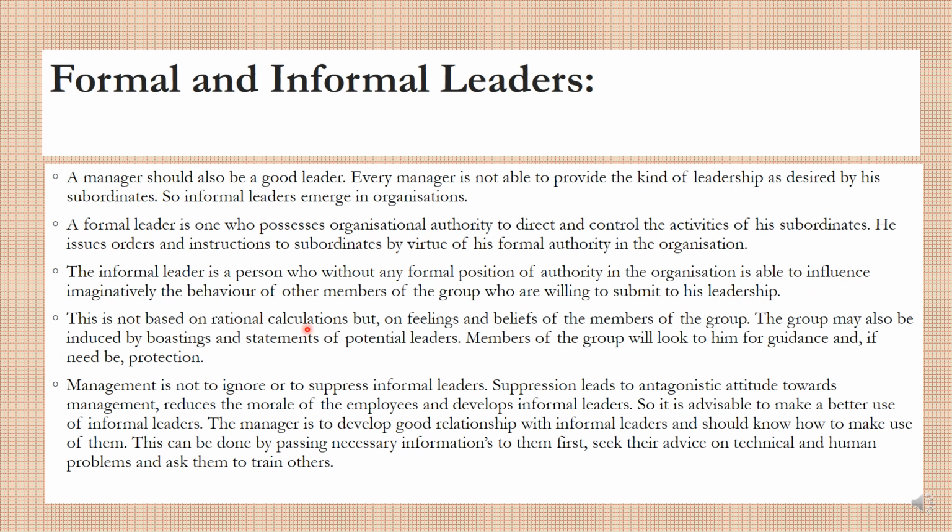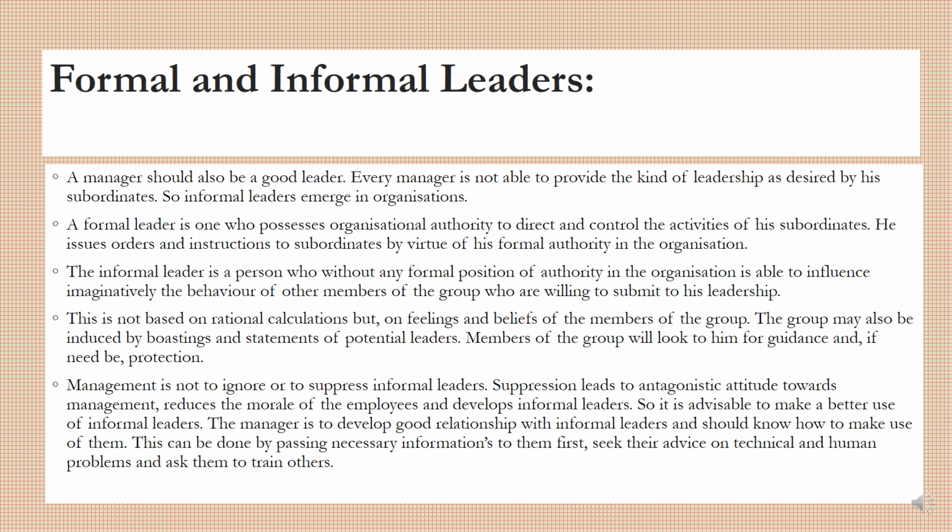This is not based on rational calculations but on the feelings and beliefs of the people in the group. The group may also be induced by boastings and statements of potential leaders. Members of the group will look to him for guidance.